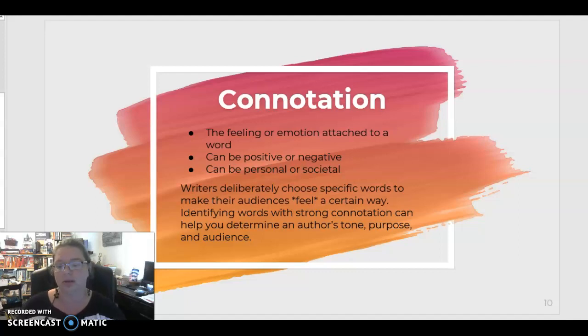So writers deliberately choose the words that they use in order to manipulate their audience, to make them feel a certain way. So being able to identify heavily connotated words will help you to determine what the author's tone is, what their main idea is, and what their purpose is. Are they trying to convince you to feel a certain way?